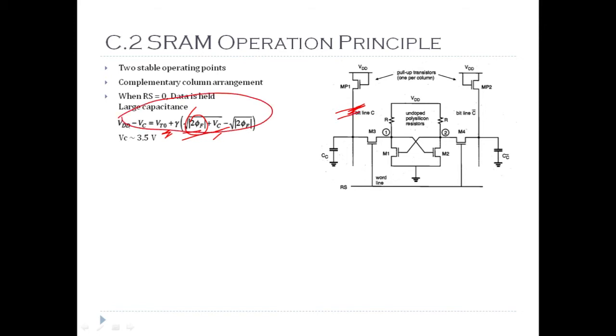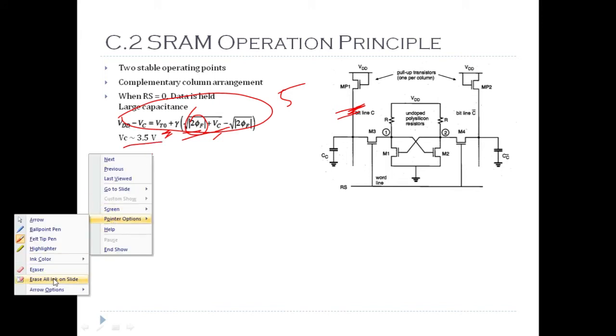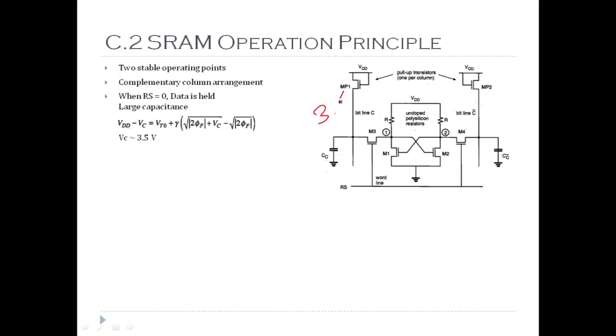So if we put all the values, considering VDD is equal to 5 volt, column voltage comes out to be 3.5. So the voltage at these columns is 3.5. So we are more interested in this. So when RS is 0, voltage is approximately 3.5, or in general we can say that it is less than VDD.